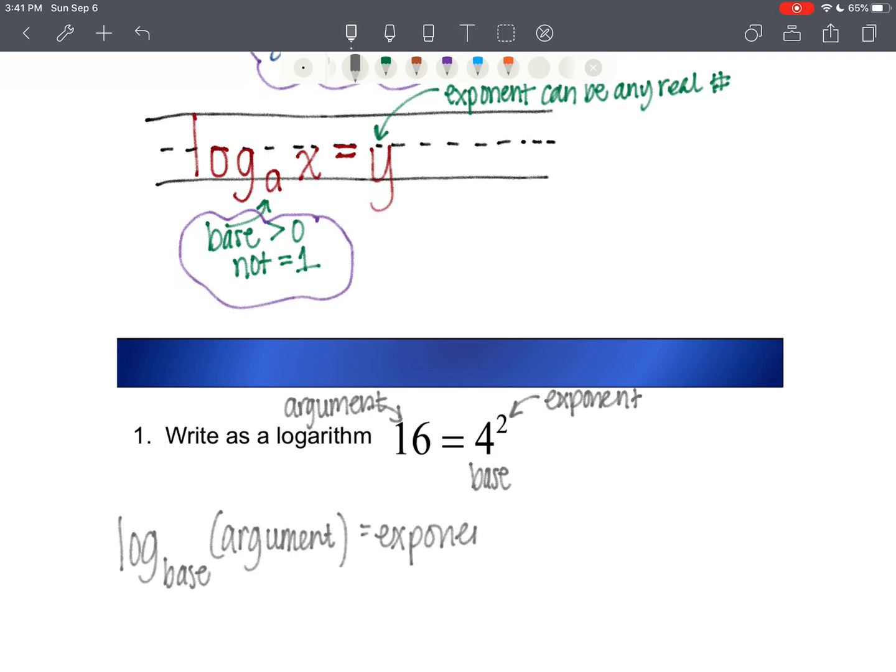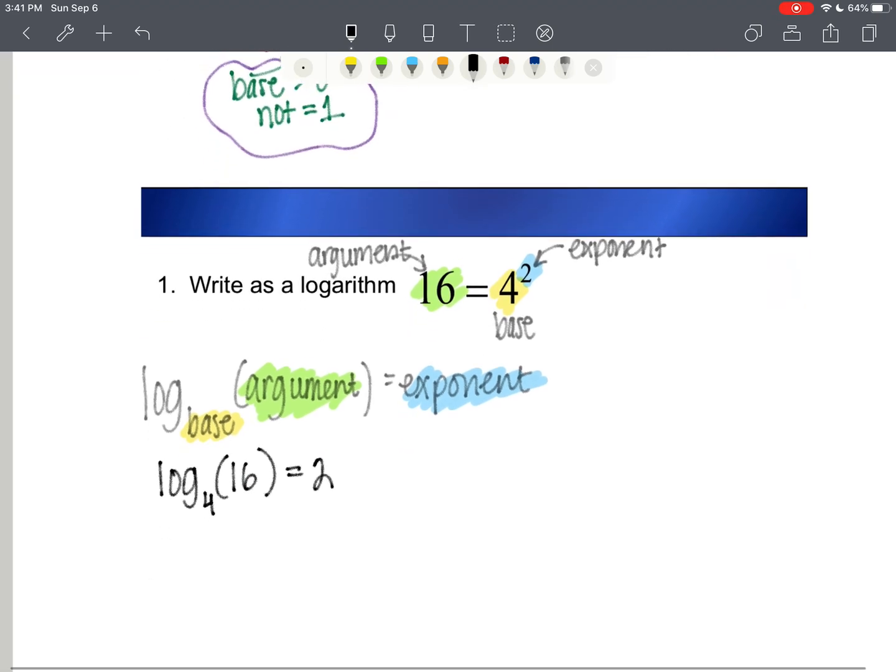And now we're just going to plug all of those values in. We've got a base of 4, an argument of 16, and an exponent of 2. So 16 equals 4 squared becomes log base 4 of 16 equals 2.